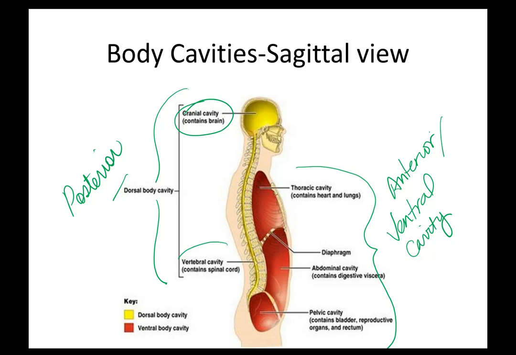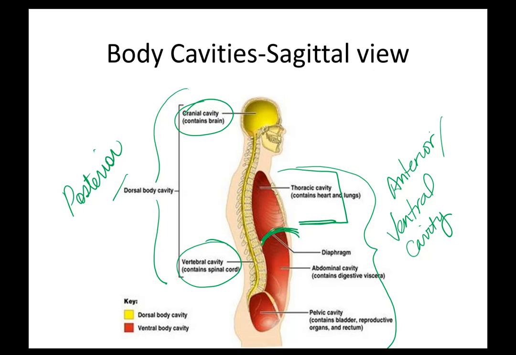You also have the vertebral cavity. This is what contains your spinal cord. It's basically, in both cases, the bony shell that covers your soft organs. In the front, here's your diaphragm right here. Above that you've got the thoracic cavity.